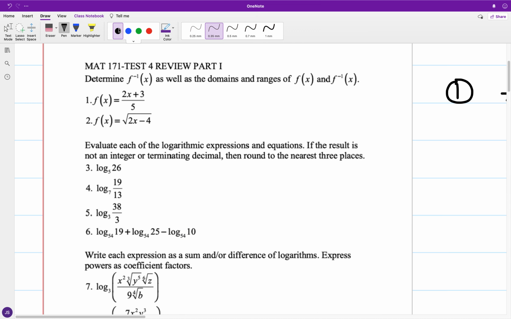So with our properties, let me go and write these down. You have the base 5 logarithm of 26.